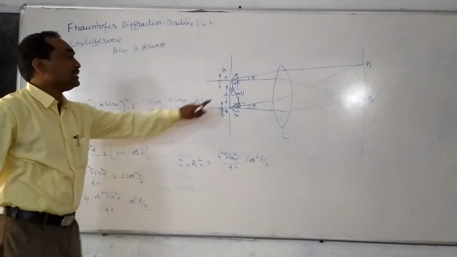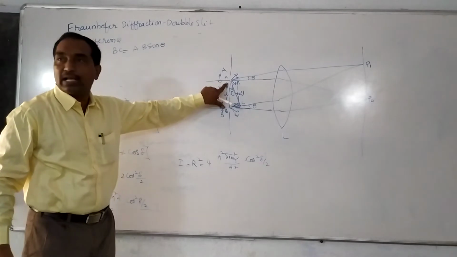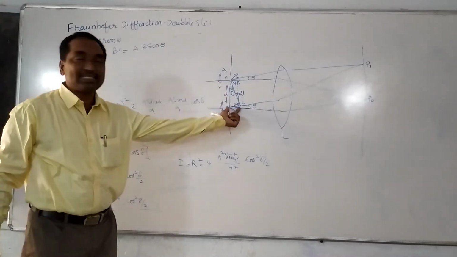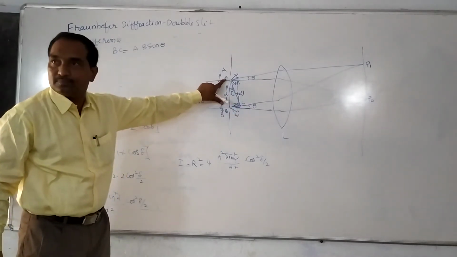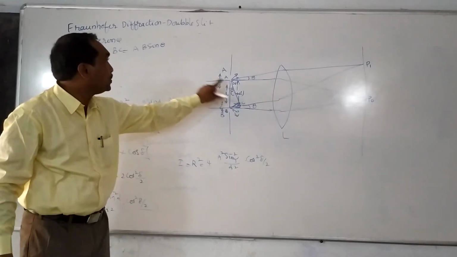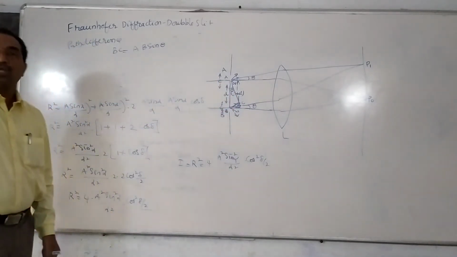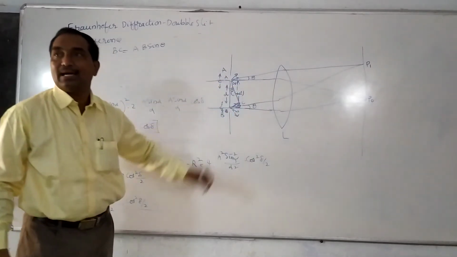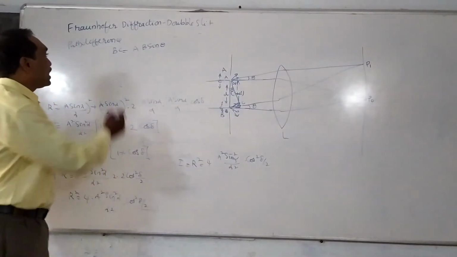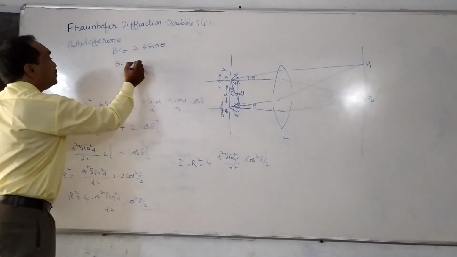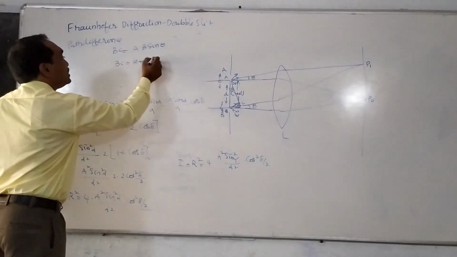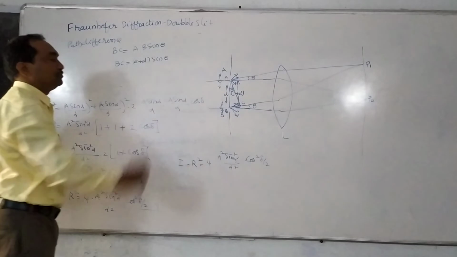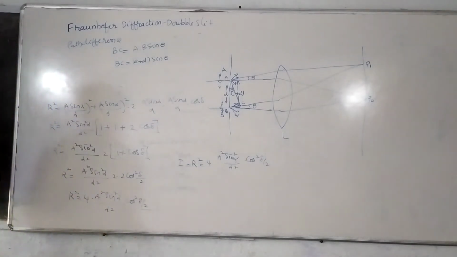Sin theta is equal to opposite by hypotenuse. The opposite is BC, the hypotenuse is AB. So BC is equal to AB sin theta. But what is the value of AB? AB is equal to e plus d, already I told you. So BC is equal to e plus d into sin theta. This is called the path difference.